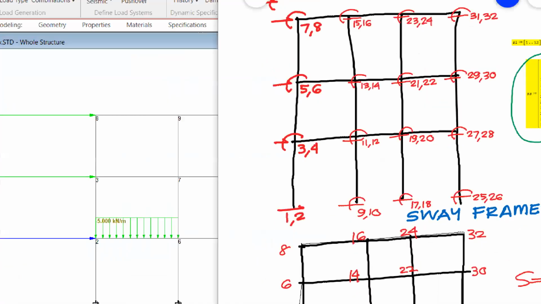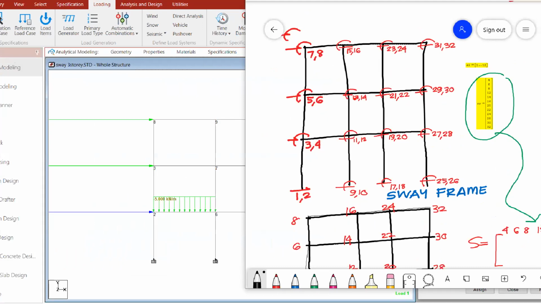I need to tweak the code such that this 3 will be equal to 11, to 19, and to 27. This 5 will be equal to 13, to 21, and 29. This code 7 will be equal to 15, 23, and 31.